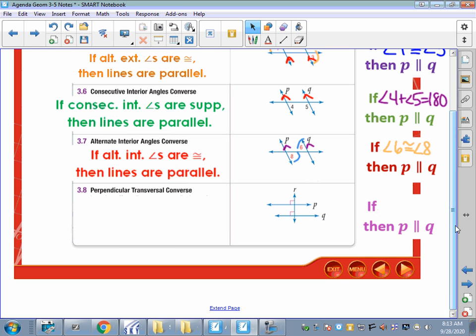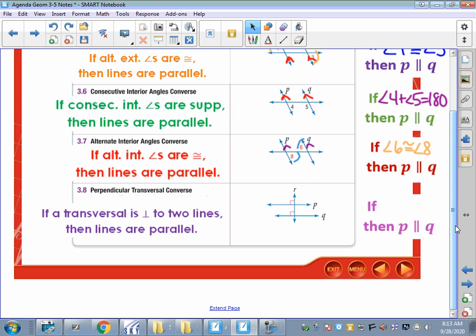And last but not least, my perpendicular transversal converse. I didn't give you any words in this one. If a transversal is perpendicular to two lines, then the lines are parallel. So my transversal in this particular example is R, and I've got lines P and Q that are being intersected.